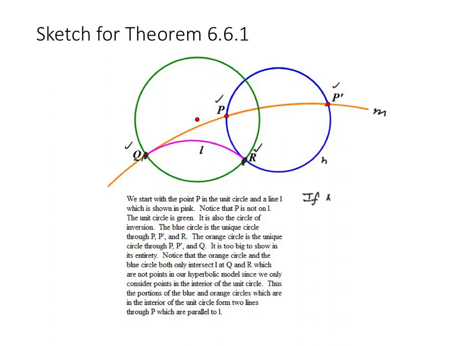So let's suppose that we had a point A that is, say, in the intersection of those two hyperbolic lines, M and L. Then, because the circles M and L are invariant under inversion, we know that A prime is in both of those circles. And we know that Q is also in both of those circles.